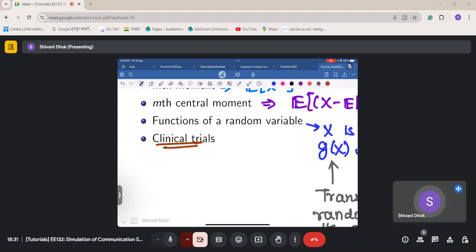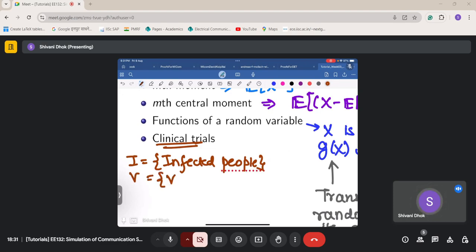For that, what we said is let I be the set of infected people, and V be the set of vaccinated people.